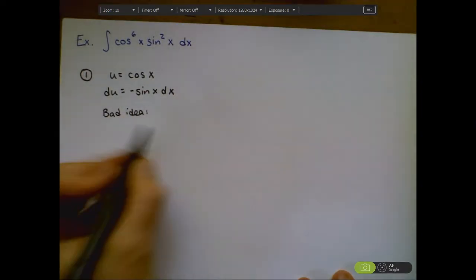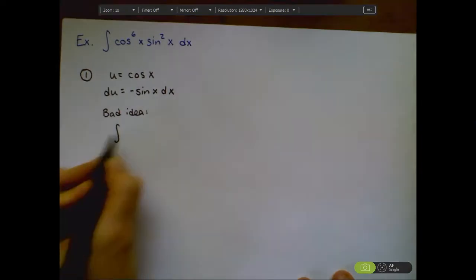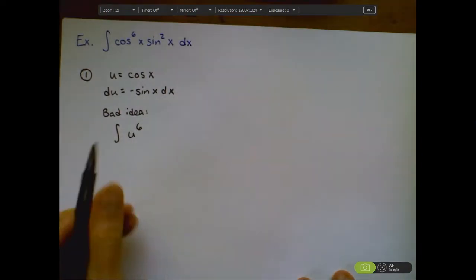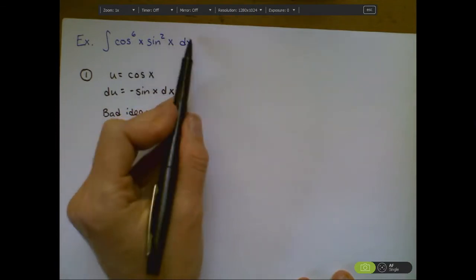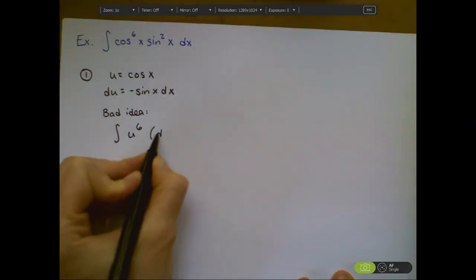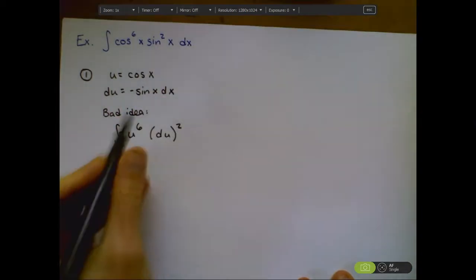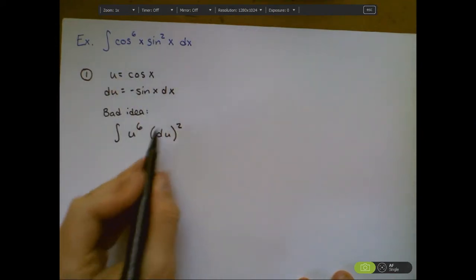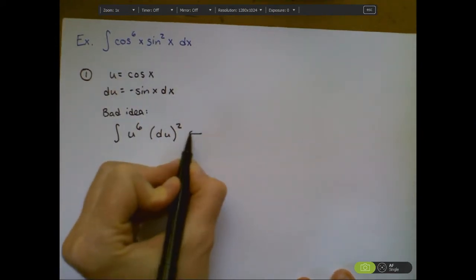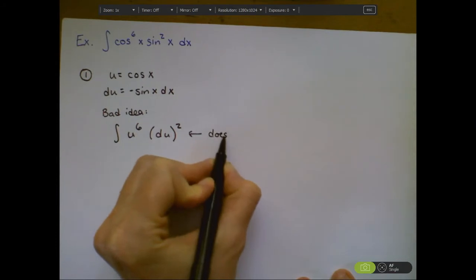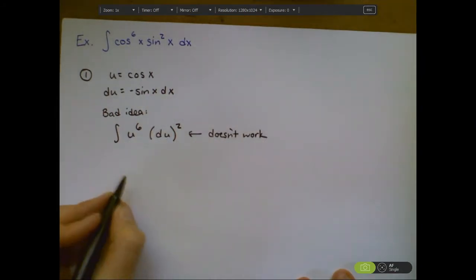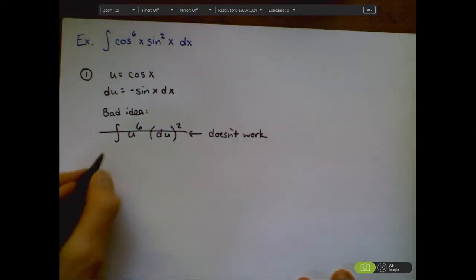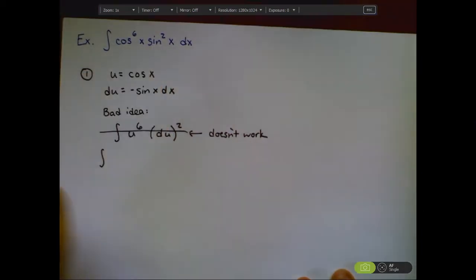Maybe I say, aha, well that means that this is equal to the integral of u to the 6th, and if du is negative sine, well this is just sort of like du squared, right? Because I have two sines there. But du squared, that doesn't make sense. That doesn't work. I can only have one of the du terms, so let's not do that. Instead, let's pull out just one of the sines.